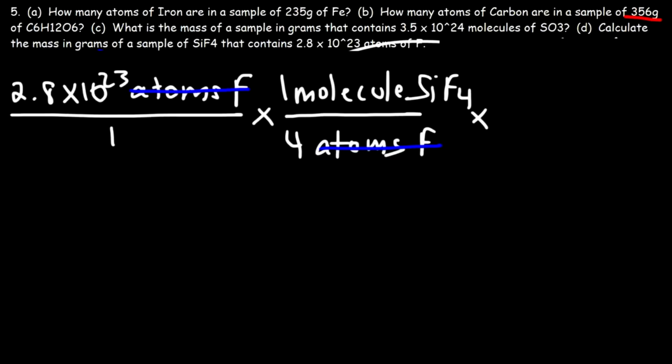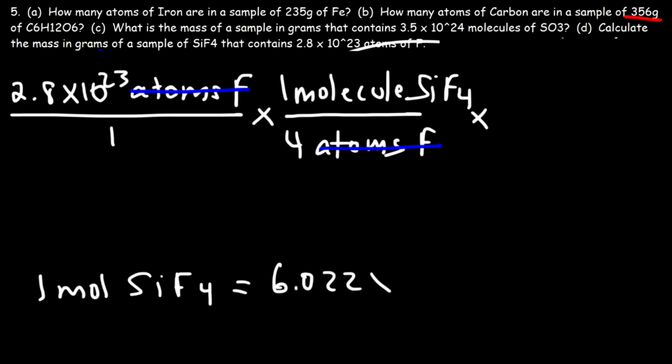Now the next conversion factor that we need is this one. We could say that 1 mole of silicon tetrafluoride contains 6.022 times 10 to the 23 molecules of silicon tetrafluoride.